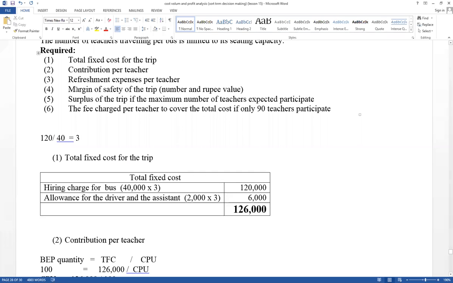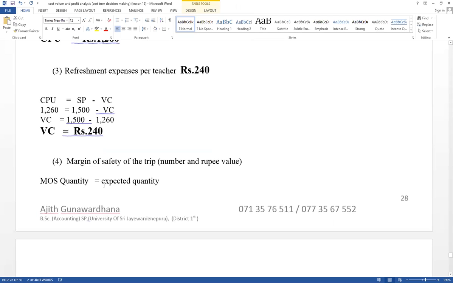That gives the margin of safety quantity and the rupee value.